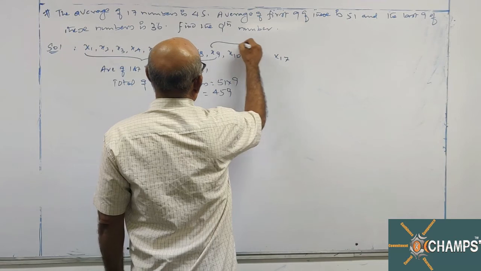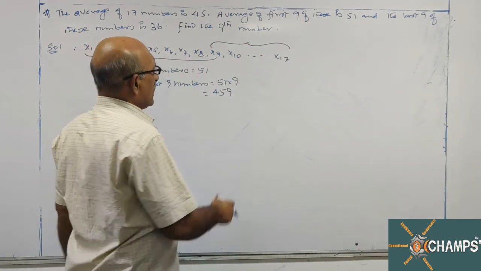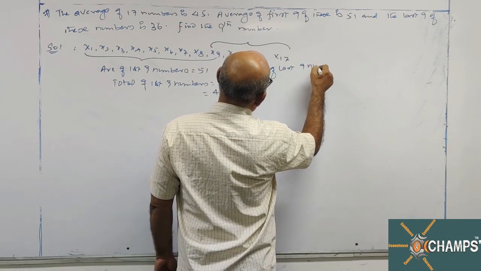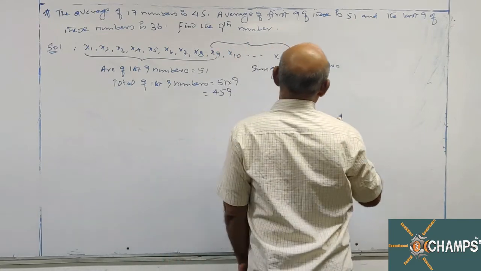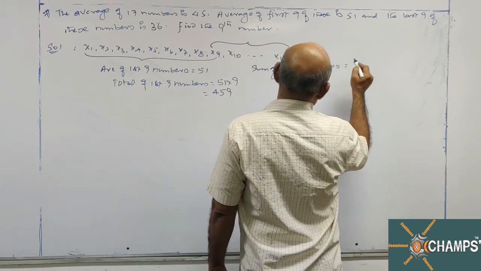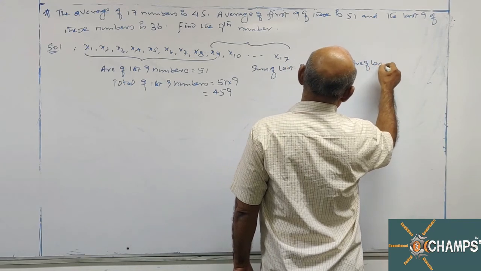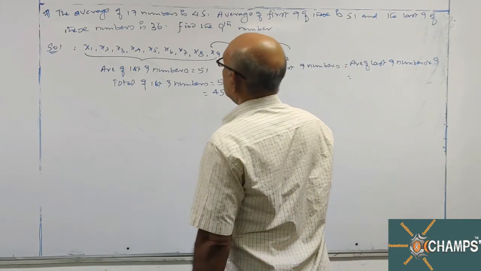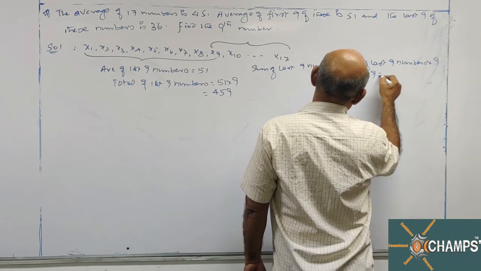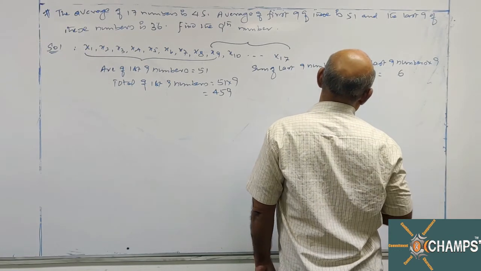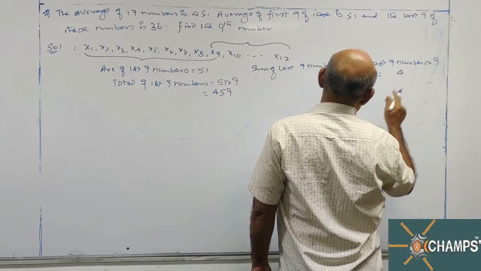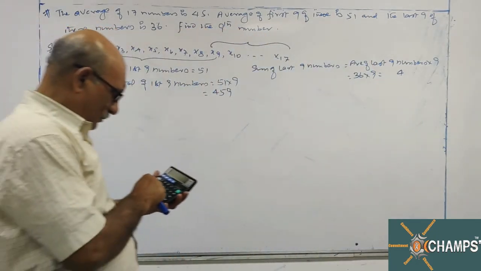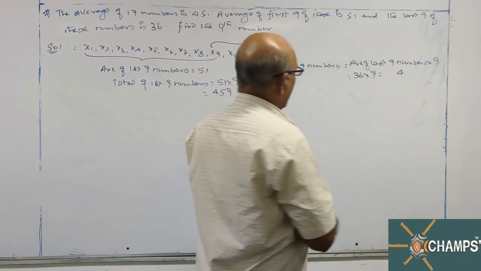So sum of last nine numbers is equal to average of last nine numbers into 9. This is 36 into 9, 324.